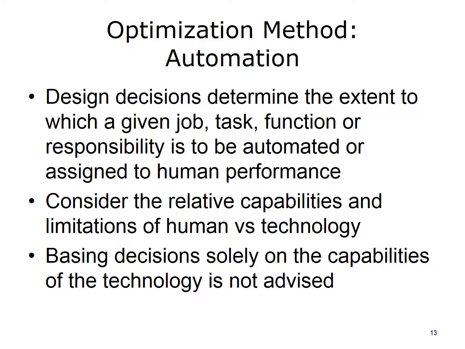Design decisions related to this allocation of function determine the extent to which a given job, task, function, or responsibility is to be automated or assigned to human performance. The decisions are based on many factors.